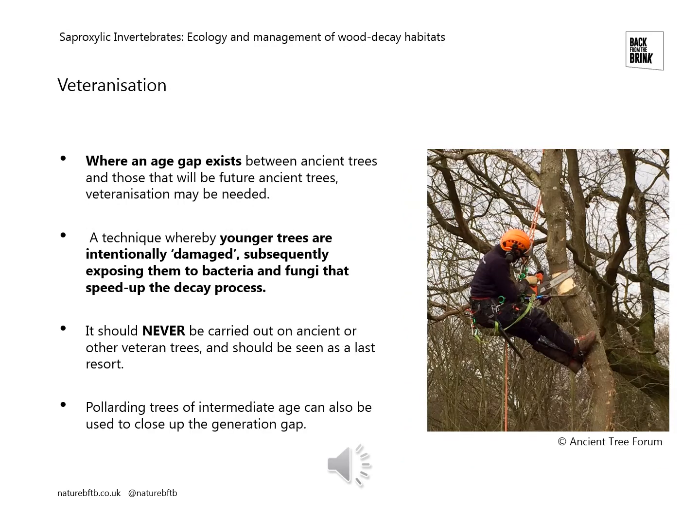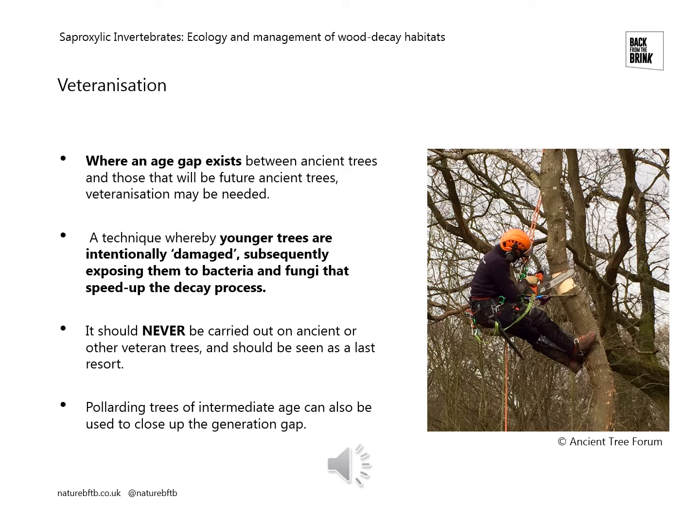An age gap exists between ancient trees and our younger trees that will become our future veterans, but where veteranization might be needed. This is a technique where our younger trees are potentially damaged, ensuring that we expose them to bacteria and fungi that speed up the development of habitat for our saproxylic invertebrates, getting your ancient tree features earlier than you would naturally.